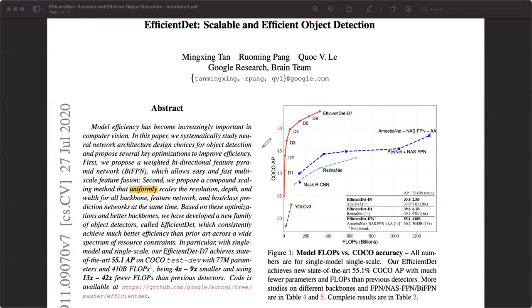This is the main thing here, while the rest of the methods do not consider it this way, and that's what makes EfficientDet better.